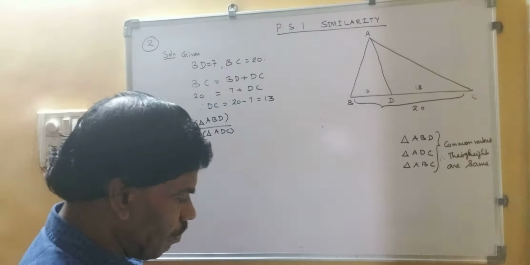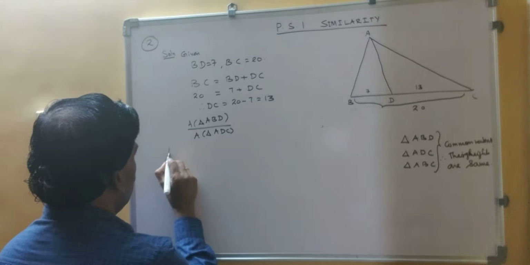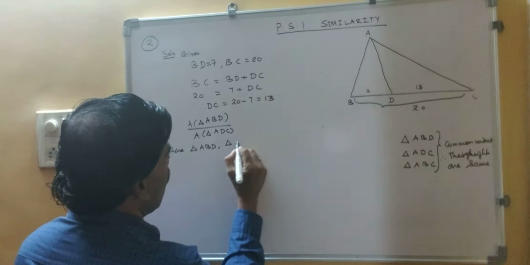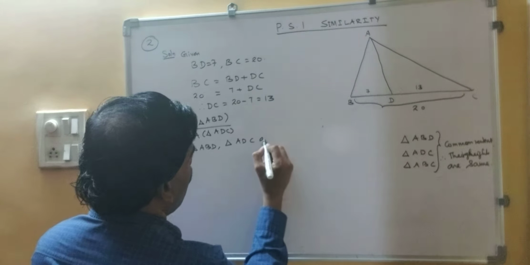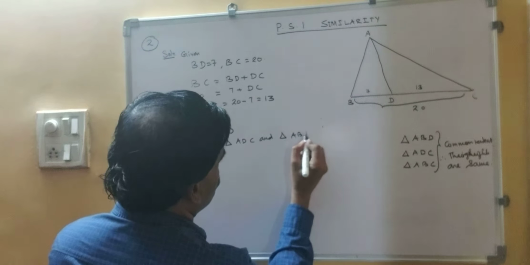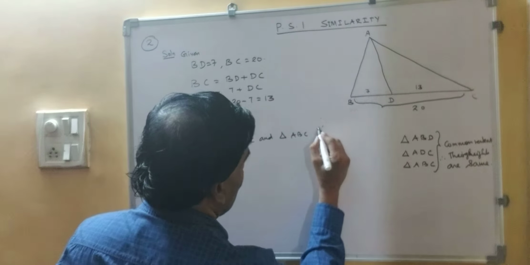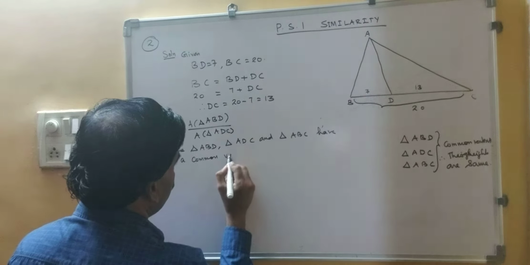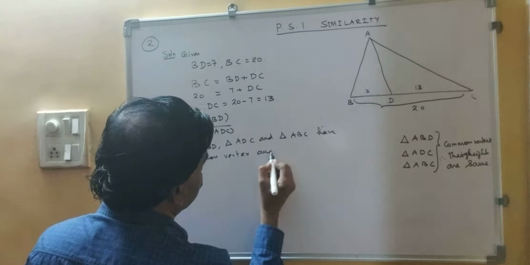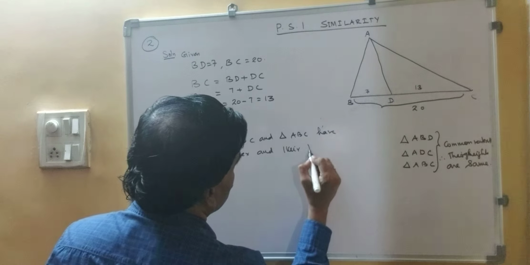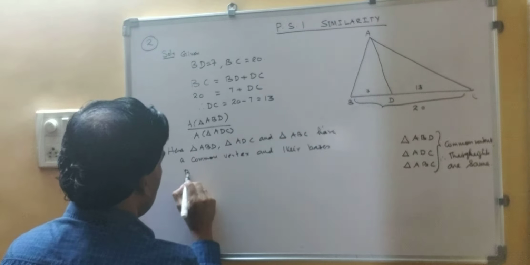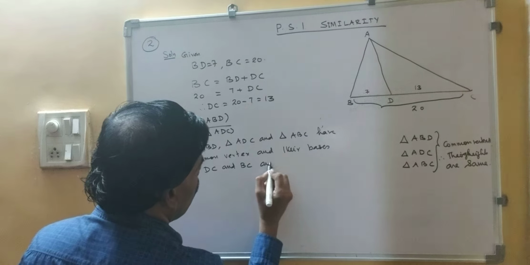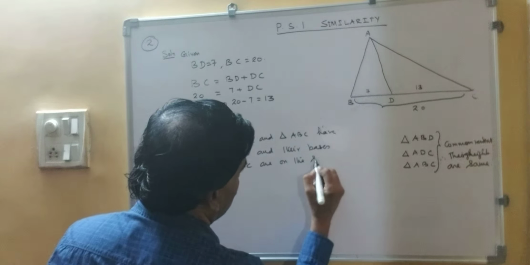Now, see here: triangle ABD, triangle ADC and triangle ABC have a common vertex, and their bases BD, DC and BC are on the same line.